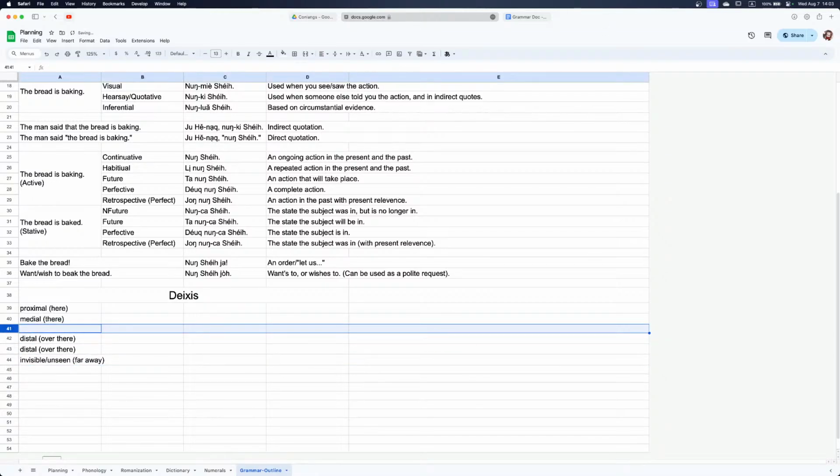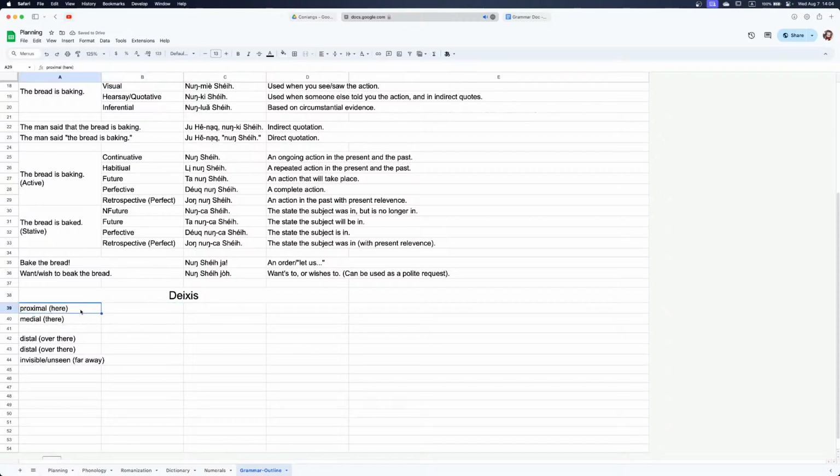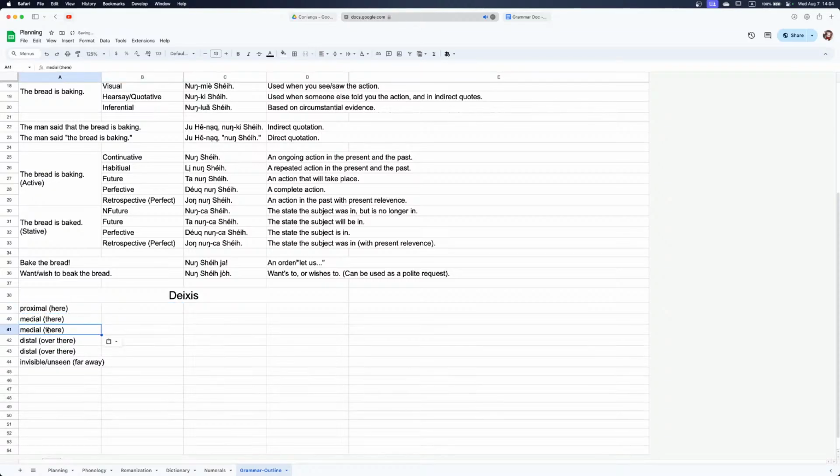If we have proximal, here, I think we'll just stick with that. Then we can split up into two medials: there by you, and there between us.